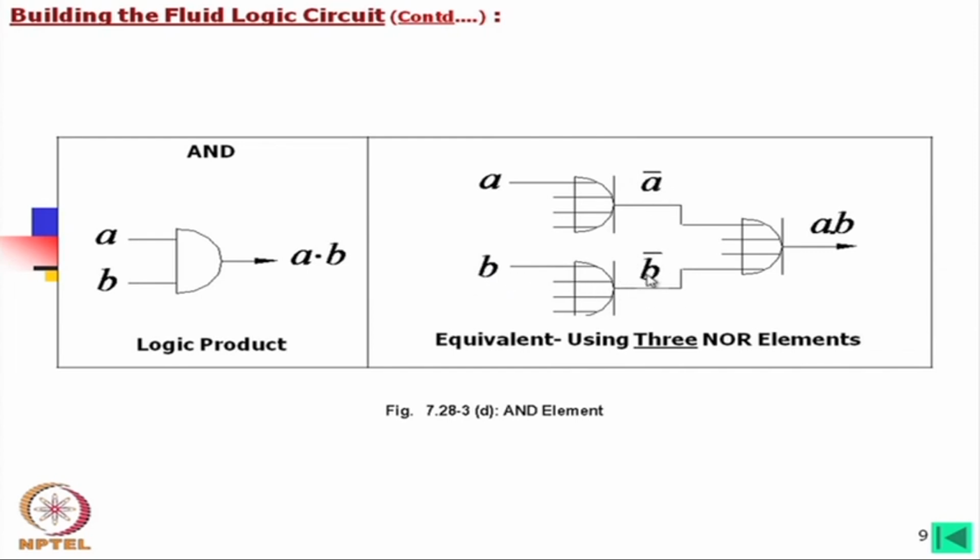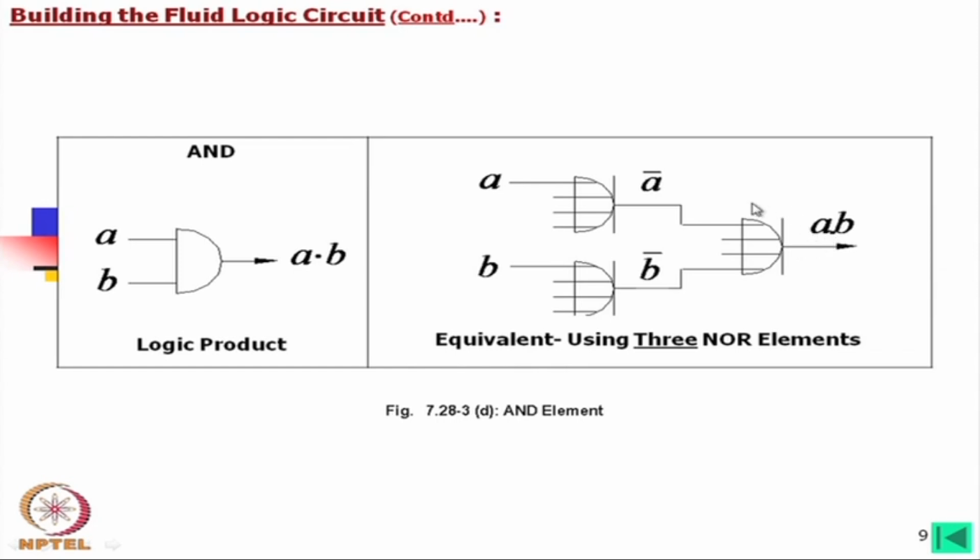Now, these two A naught and B naught we have taken to have, but here we should remember that this is A bar B bar, which is giving this A dot B. So, in this case you will find that some Boolean algebra is taken, otherwise this will be A bar B bar.